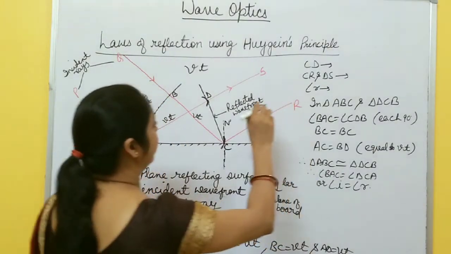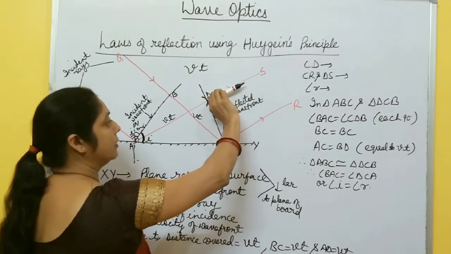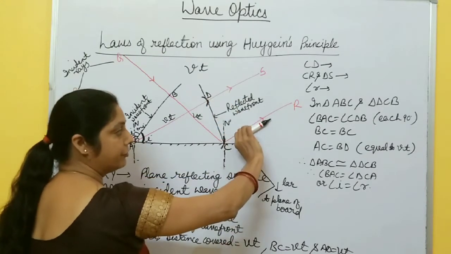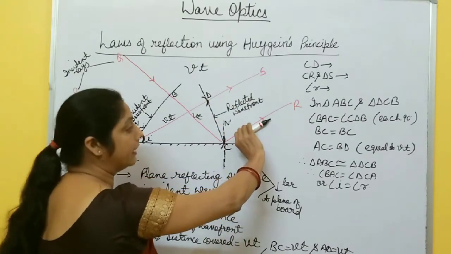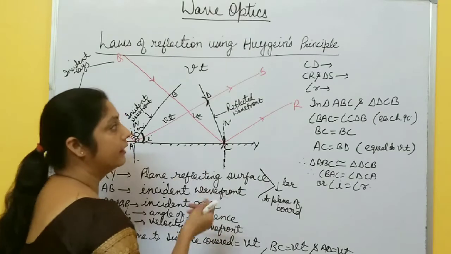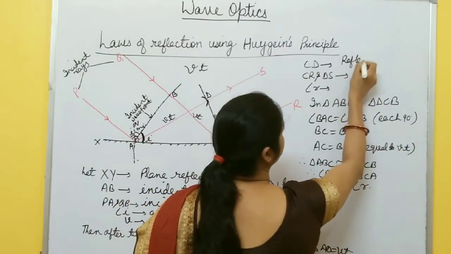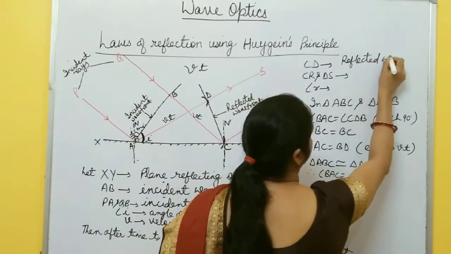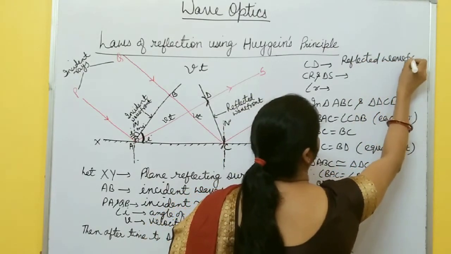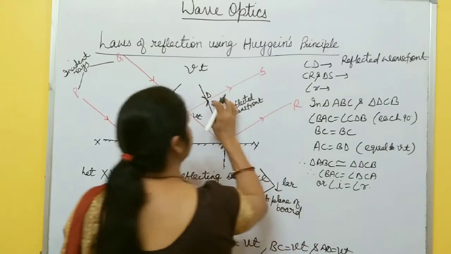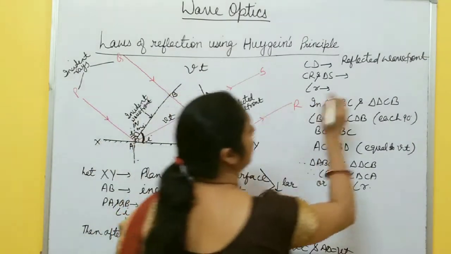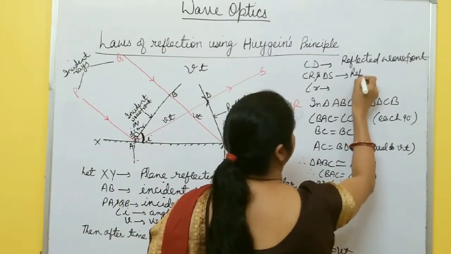If you draw a normal on this reflected wavefront, you get a ray, called the reflected ray. So CD is the reflected wavefront, and DS and CR are called reflected rays.